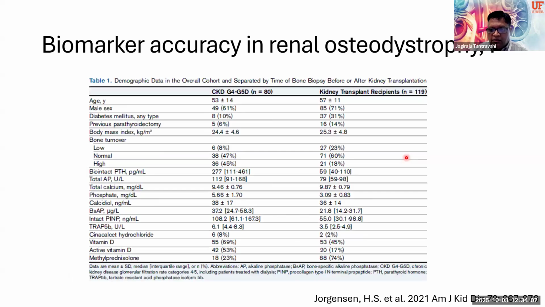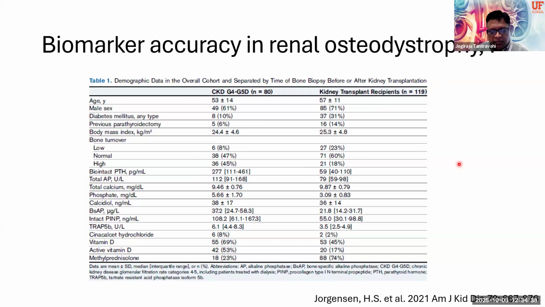There was a fairly large study that was done in Europe where a number of patients, either with stage 4, stage 5 CKD, or kidney transplantation had bone biopsies and measurement of a number of bone markers. Okay? The population is very heterogeneous. Why they threw this population together like this, I'm not really sure.